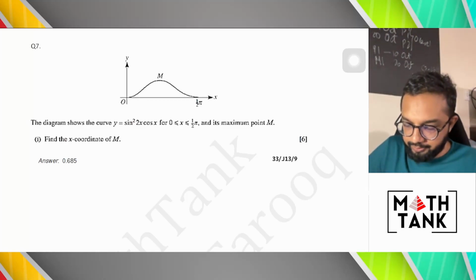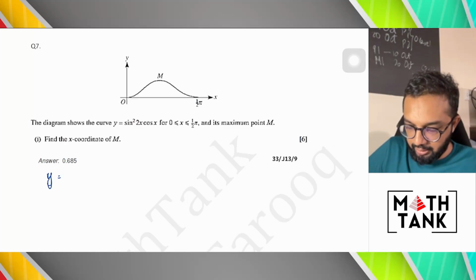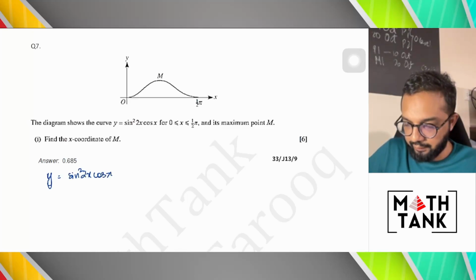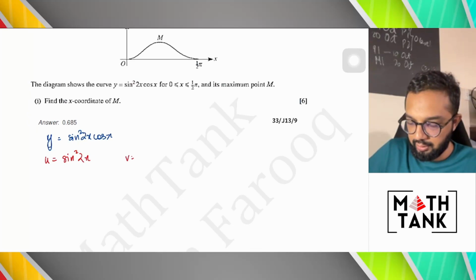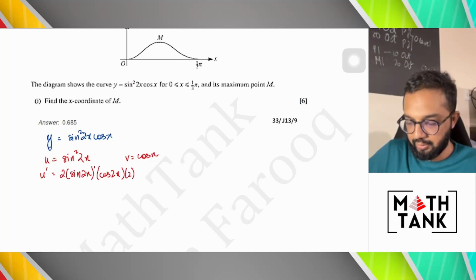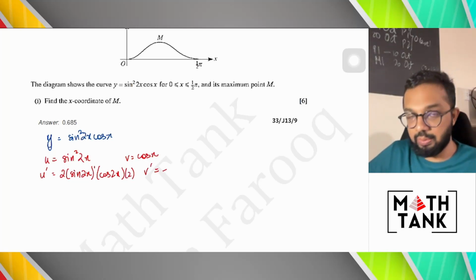And I'm going to again use the product rule and say that y equals sine squared 2x cos x. So I have u and I have v. I can say that u dash equals, I will first employ the power rule, cos 2x into 2, and v dash will be minus sine x.